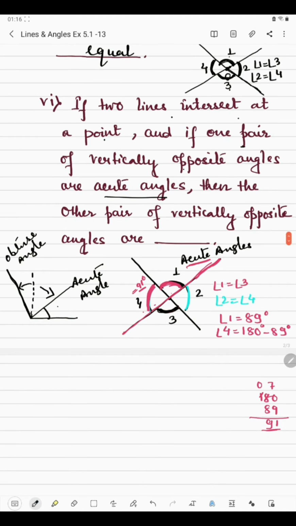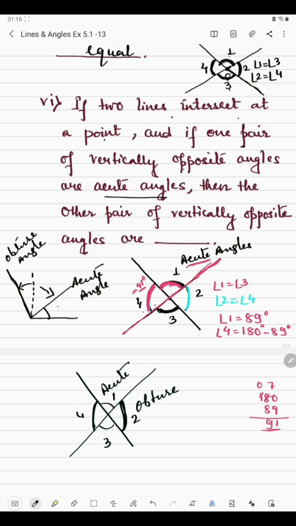So if two lines intersect, and one pair of angles are acute angles, then the other pair will be obtuse angles. Means if it is angle 1, angle 2, angle 3 and angle 4, then angles 1 and 3 are acute angles.